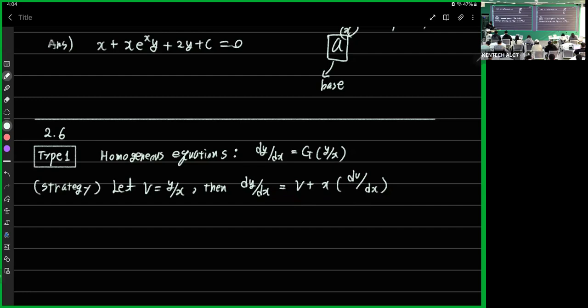Once you substitute this into dy/dx, you get the separable equation. So using this, you can completely transform that differential equation to a separable one. So it's homogeneous, transformed to separable.